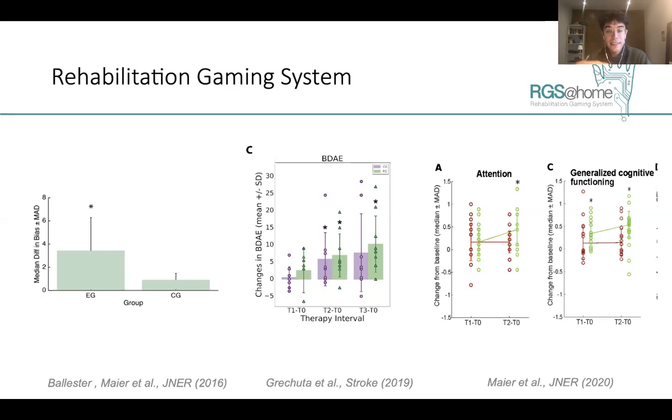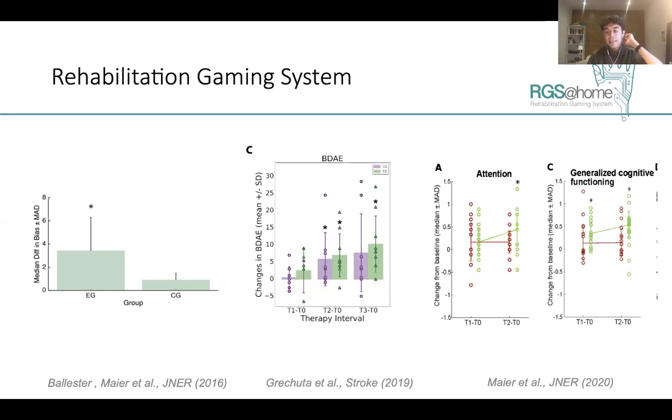We can also see that in the long term, these dyadic treatments of aphasia that provide more realistic scenarios boost long-term retention as compared to control groups that go through conventional therapy. Or we can also see that these kind of virtual reality treatments that include the principles of neurorehabilitation can have positive benefits in modulating attention or generalized cognitive functions.